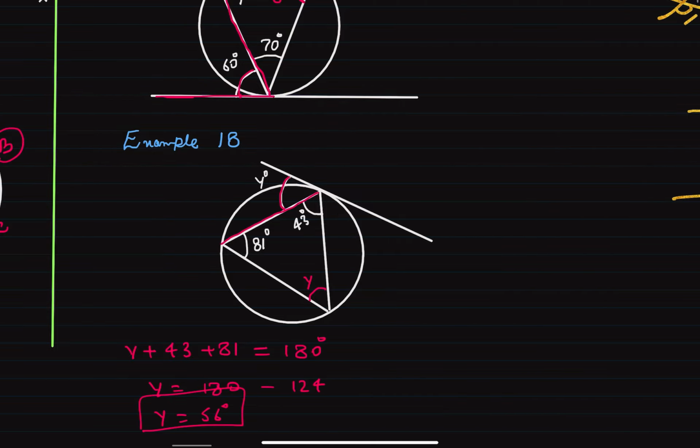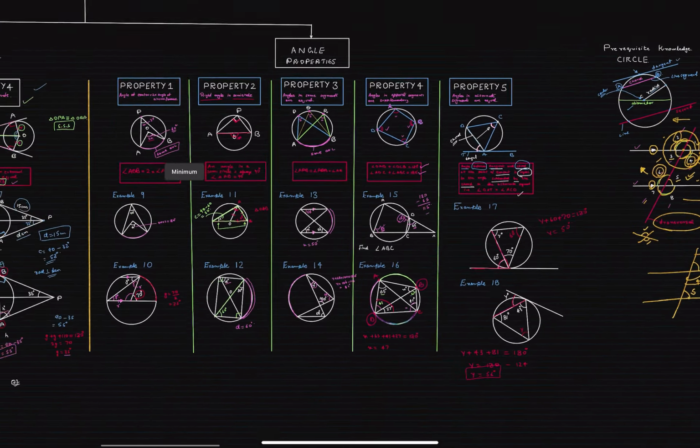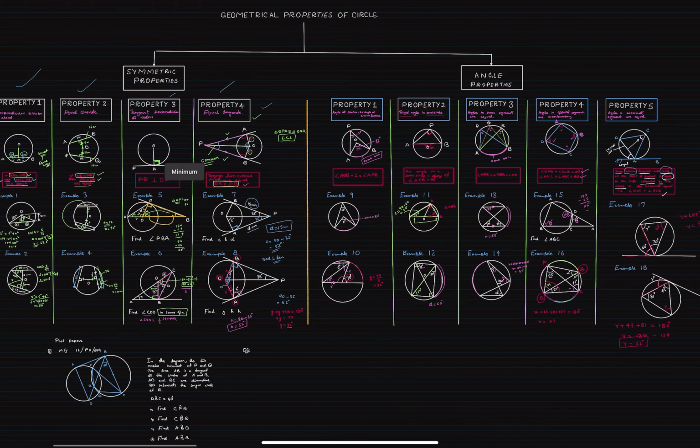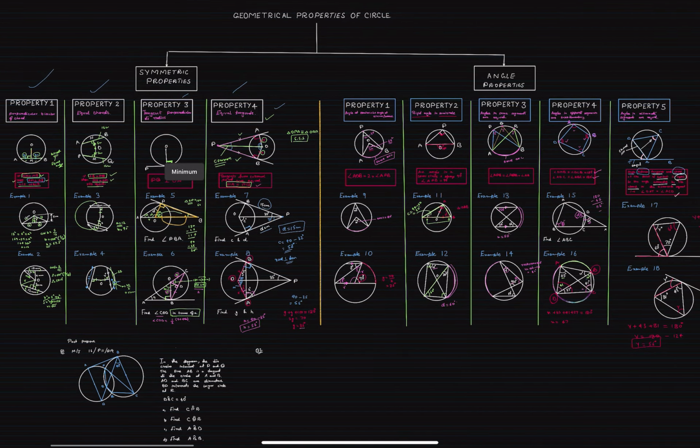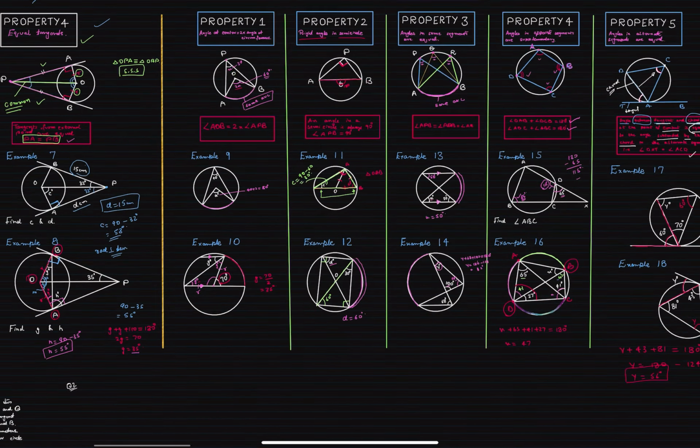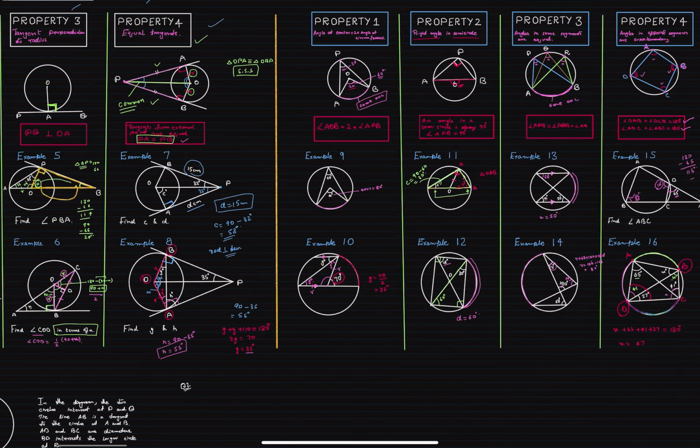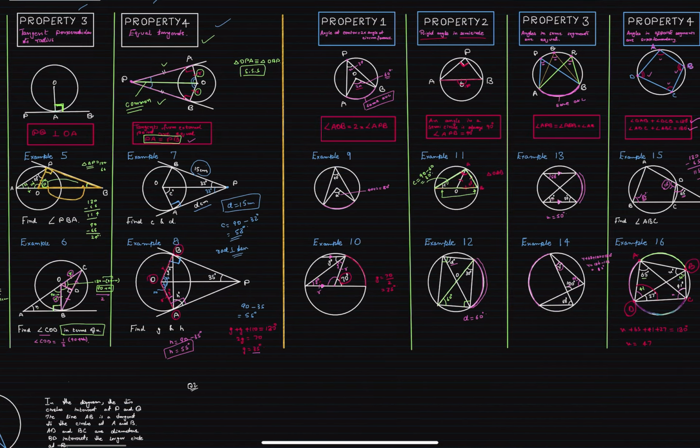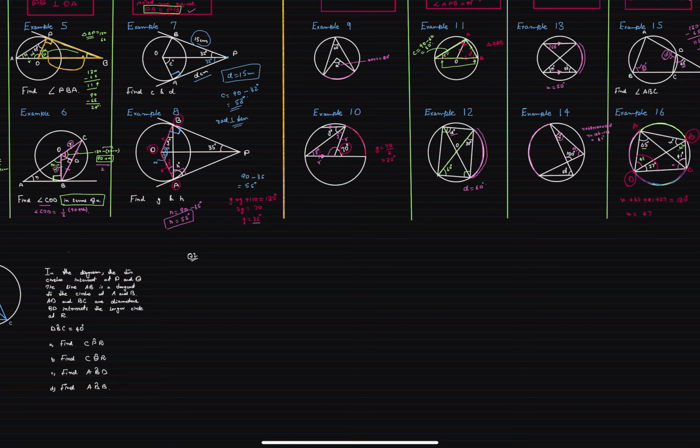So this is the explanation of every property, right? You can take a snapshot of this working if you want. So that's great. Now you can take a breath because the video is now getting longer.